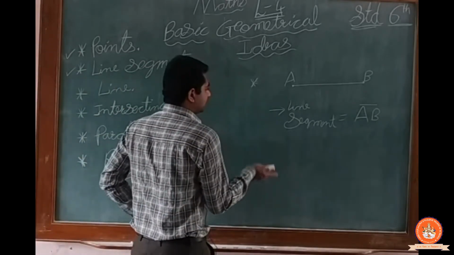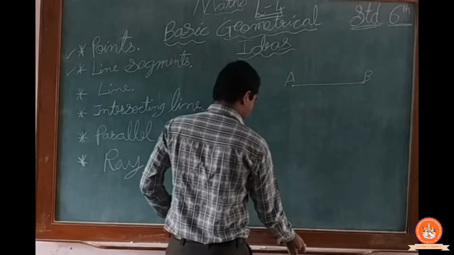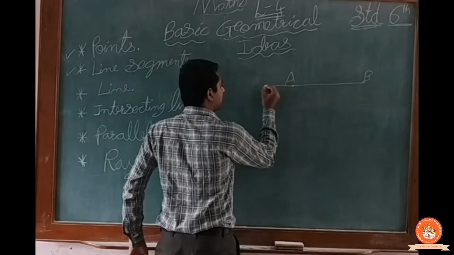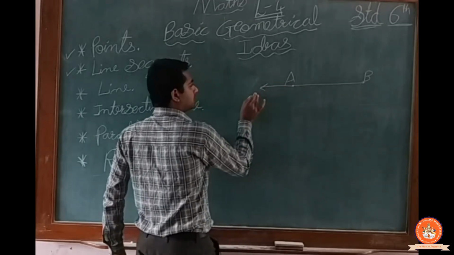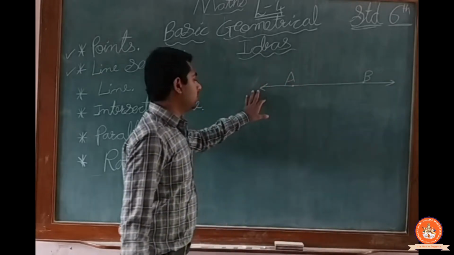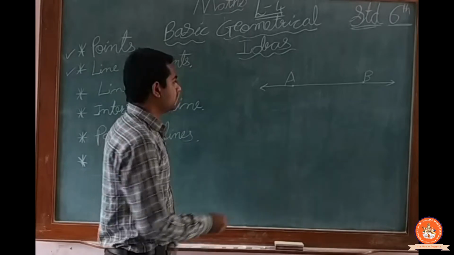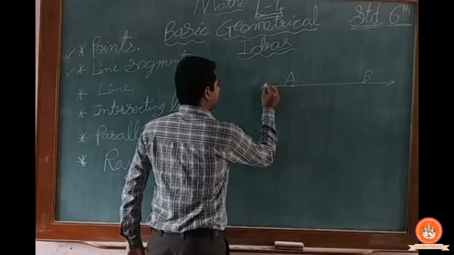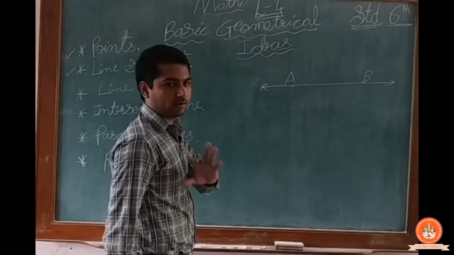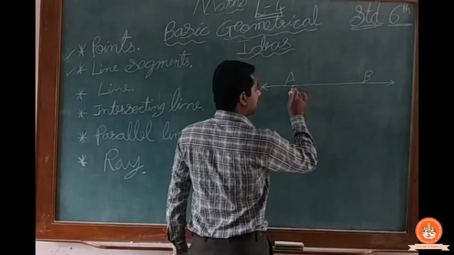Okay, now moving on, line. So what is line? Line is nothing but if I extend this point A from here and point B from here, this extension, I don't know where it will end. So for that I will make the arrow, ये लाइन कहीं भी एंड हो सकती है, इसका कोई ठिकाना नहीं दिया, पर ये लाइन जो है इन दोनों के बीच में, यहाँ पे पॉइंट A है, यहाँ पे पॉइंट B है.